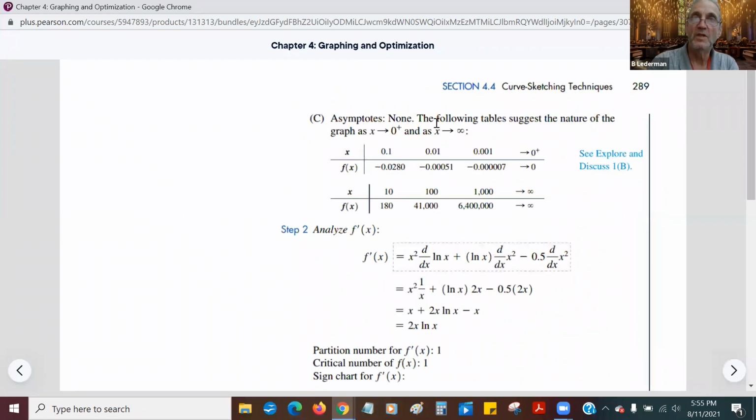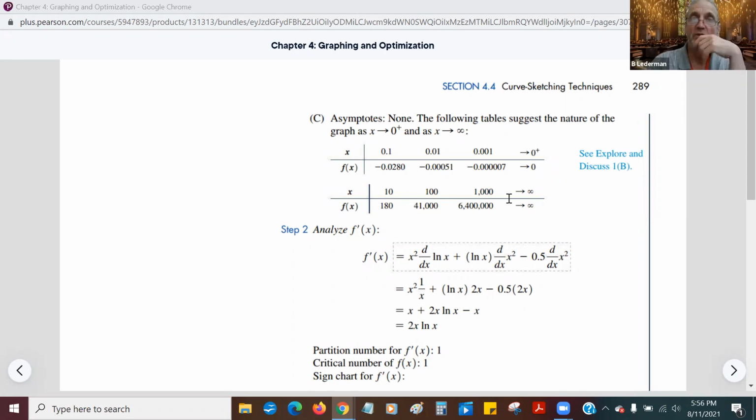And yeah, the asymptotes. So there's one more thing we're going to squeeze out of the algebra here. We see that when x goes to 0, the function just goes to 0, so that's not an asymptote.